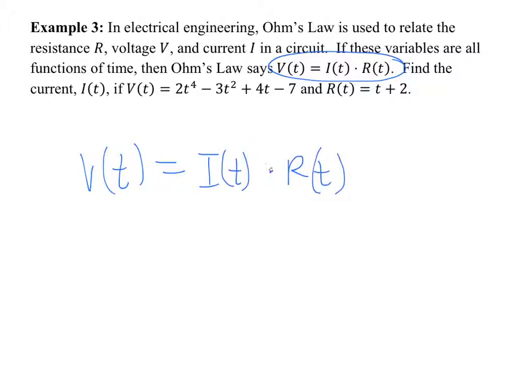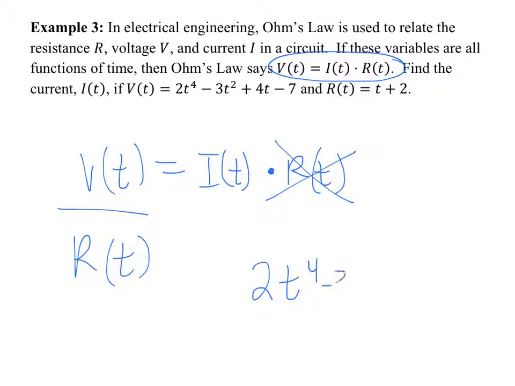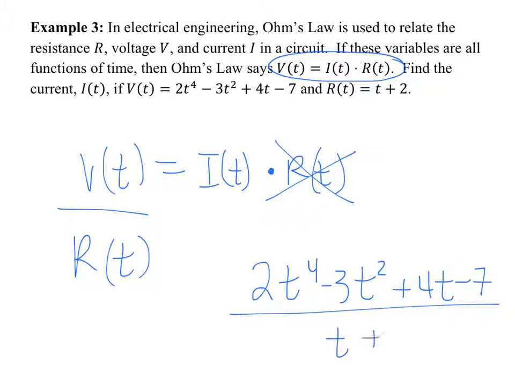How do I get the function I of t by itself? Yeah, divide by R of t. So I of t is V of t over R of t. So it's really this: 2t to the fourth minus 3t squared plus 4t minus 7 over t plus 2.